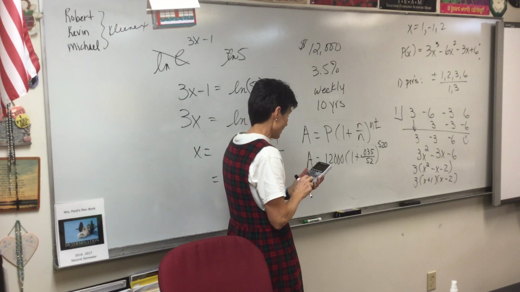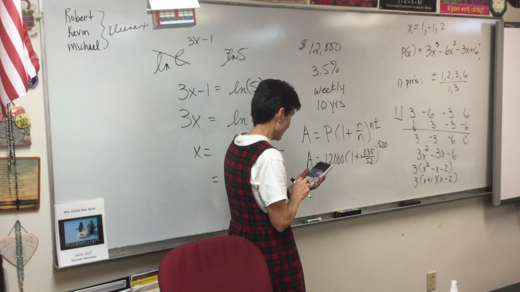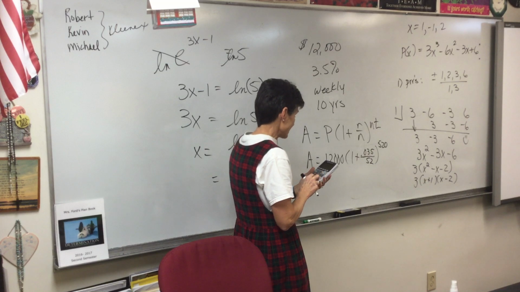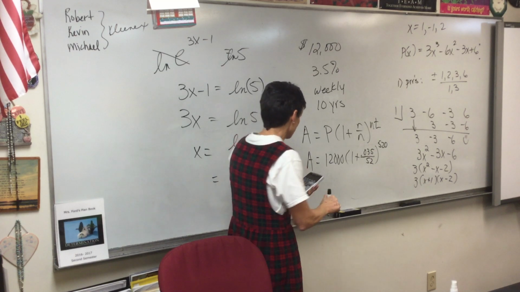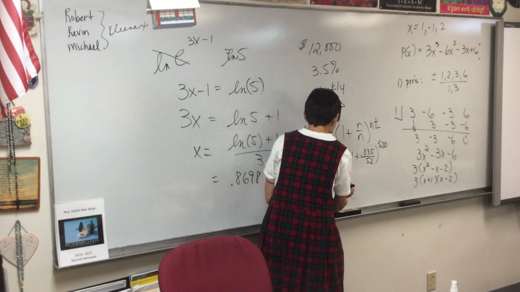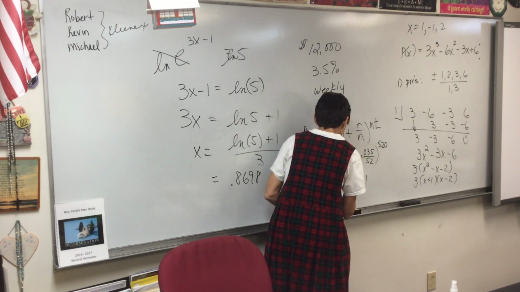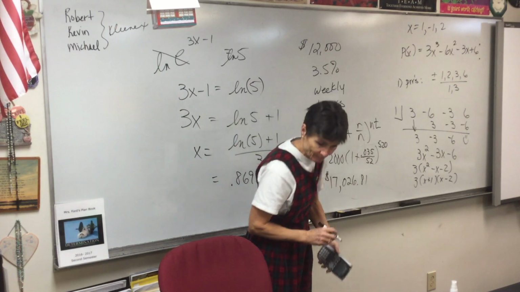So here we go. 12,000 times parentheses, 1 plus 0.035 divided by 52, raised to the 520th. The answer you should get is $17,026. Does it say to the nearest dollar?